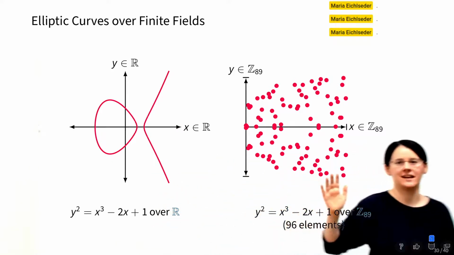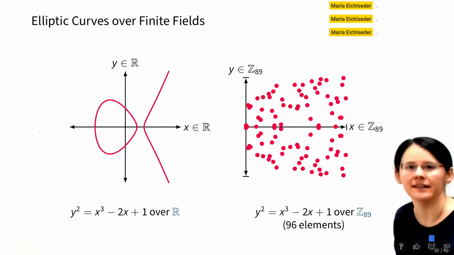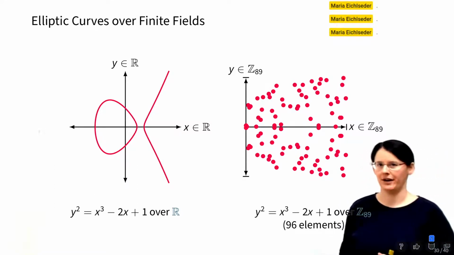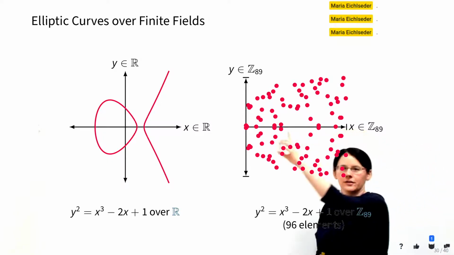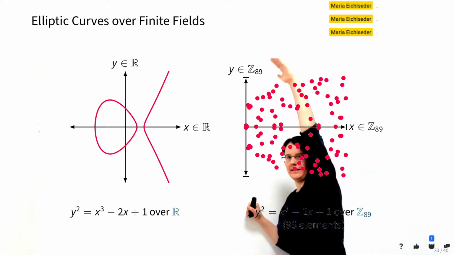And here's the same curve, but over the field with 89 elements. So Z89, where 89 is a prime number. What I've done here is, usually you would get an x coordinate from 0 to 88 and a y coordinate from 0 to 88.